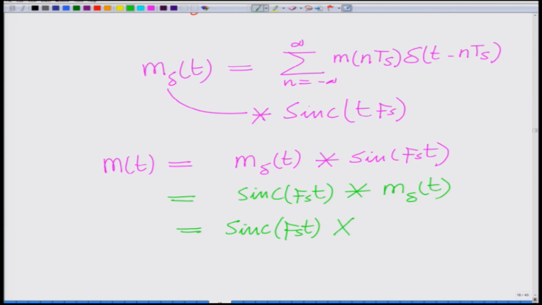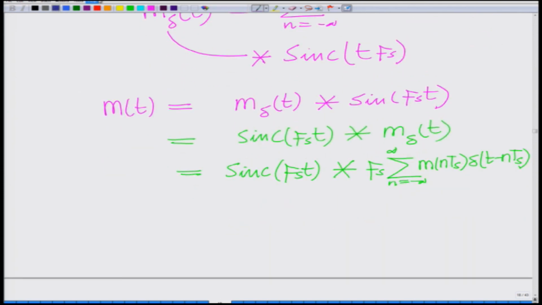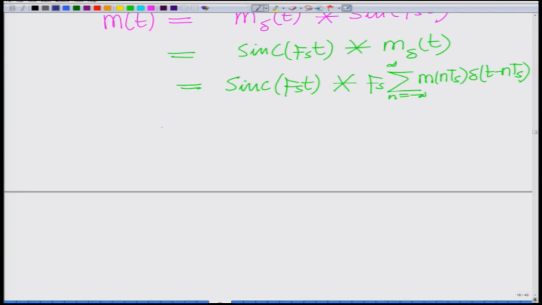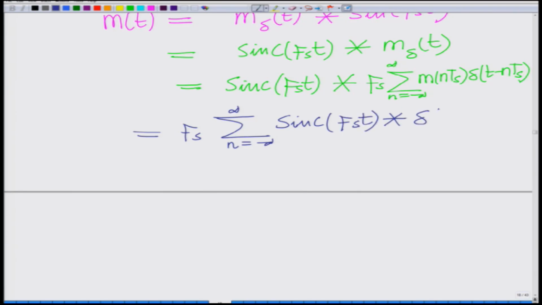Sinc of Fst convolved with, well, m delta t we have already seen, that is n equal to minus infinity to infinity m of nTs into delta t minus nTs, which is basically equal to, well, Fs taking the sinc inside, that is n equal to minus infinity to infinity, sinc of Fst convolved with delta t minus nTs.